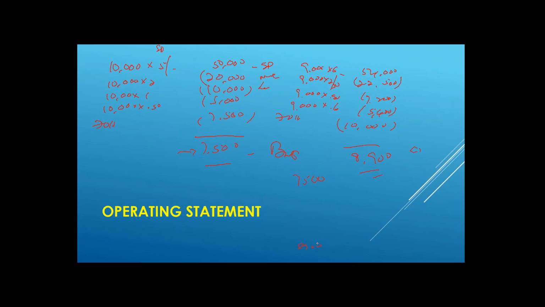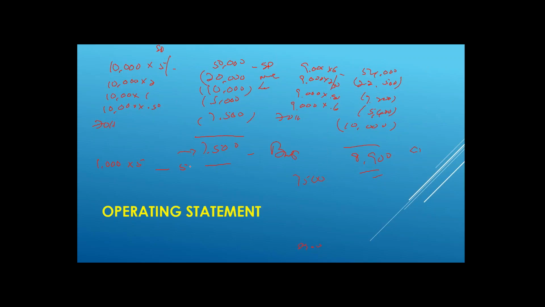So in this case, you can look at the sales variances, right? Sales variance, we know we were supposed to sell 10,000, we sold 9,000. So we are 1,000 short at the standard rate of 5, right?